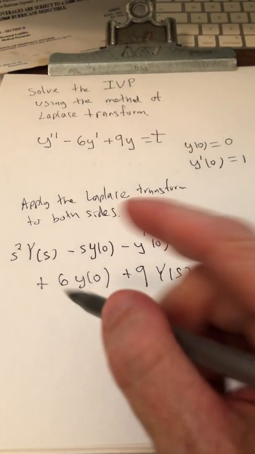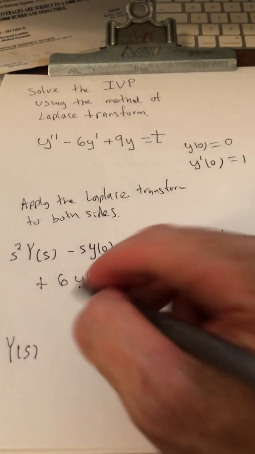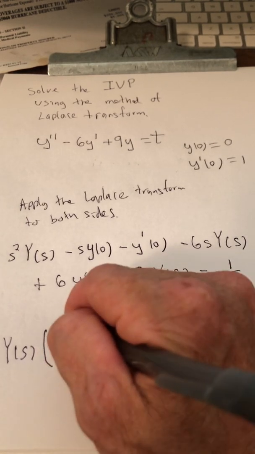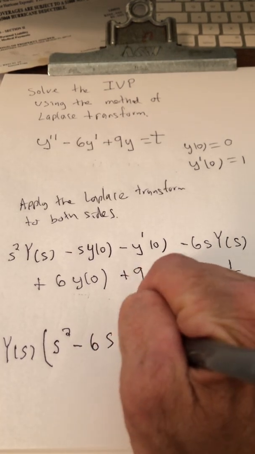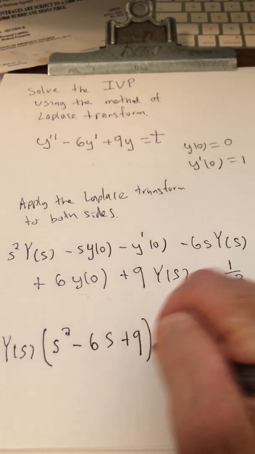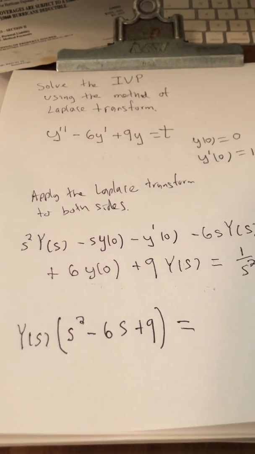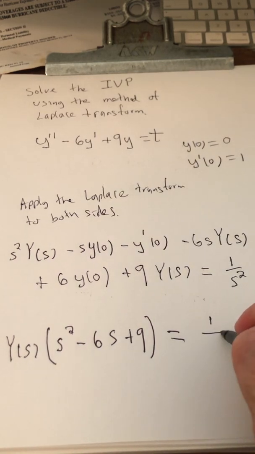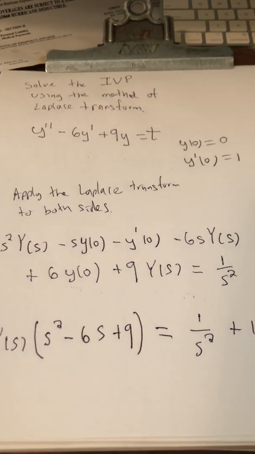So when we combine like terms, what we have is Y of s times the quantity s squared minus 6s plus 9 equals 1 over s squared plus 1.